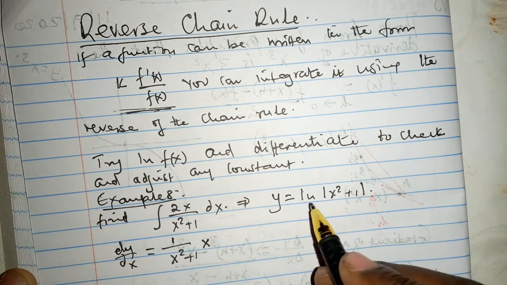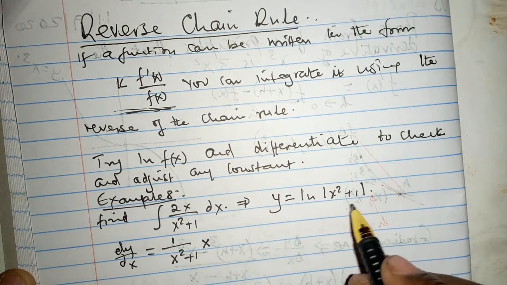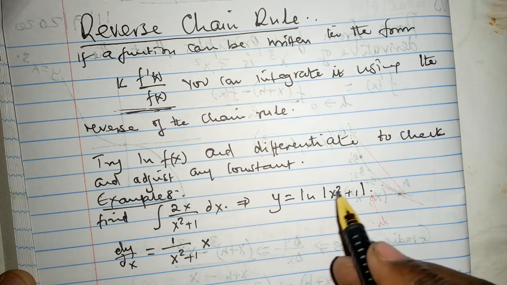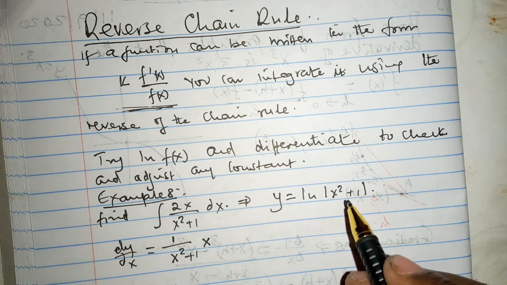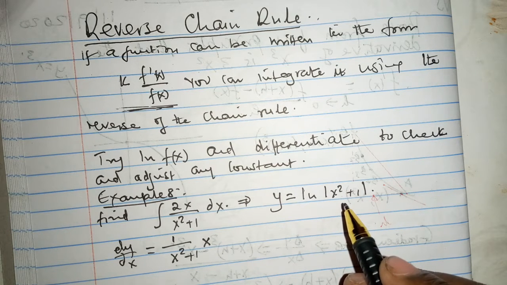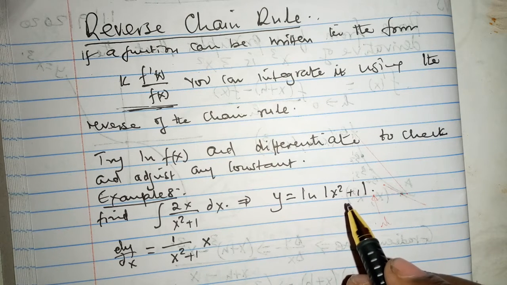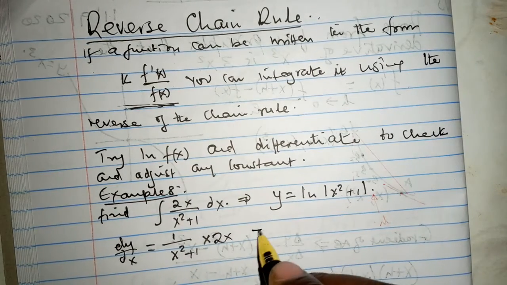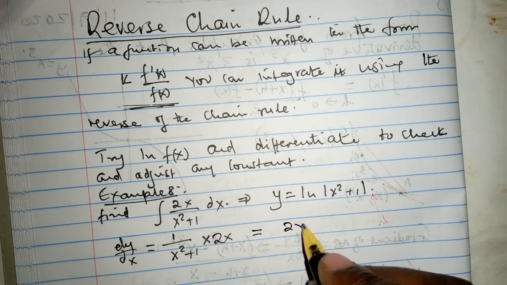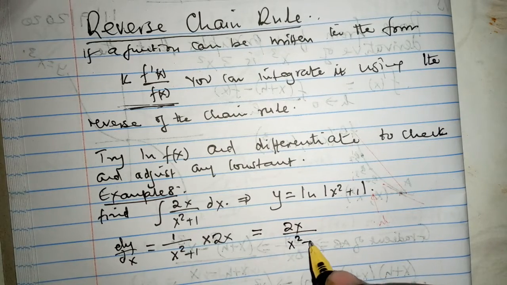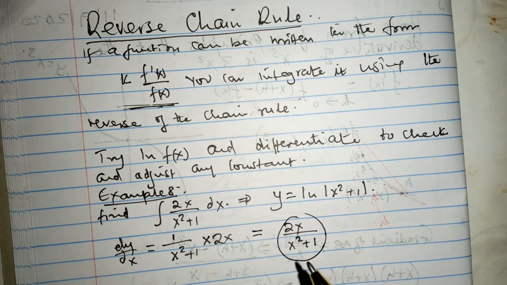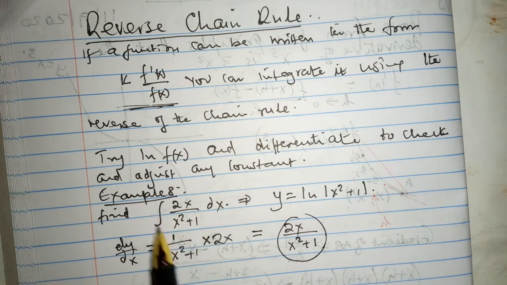Yes, we have differentiated the whole expression, but the chain rule cannot be complete if we do not differentiate the inner core, the factor that is containing the x, so times 2x. So the differential is 2x all over x squared plus 1. And this confirms that this is what we were integrating.